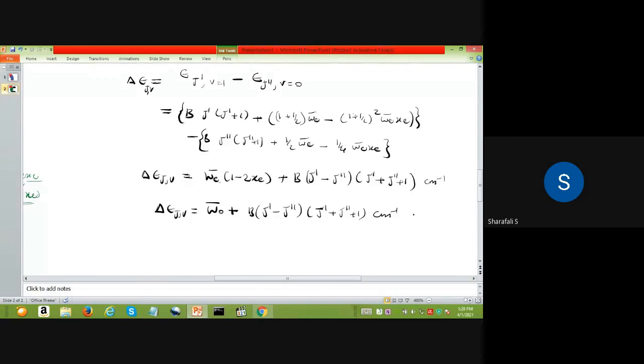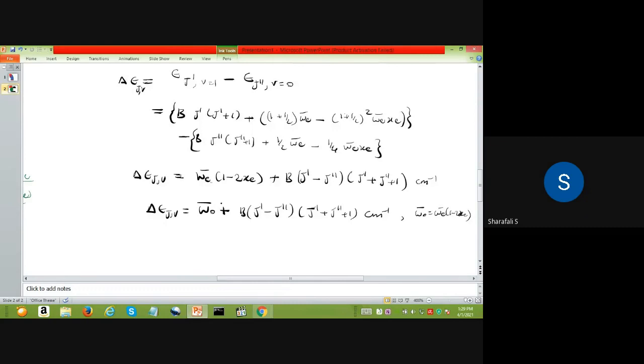So ω_0 bar is nothing but ω_e bar into (1 − 2x_e). This is the energy level difference when you are considering this vibrating rotator.